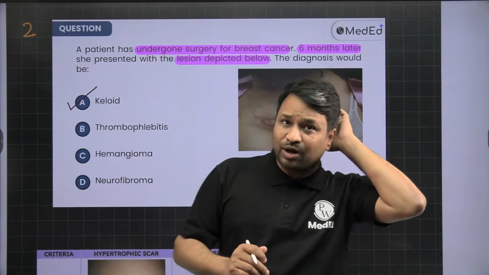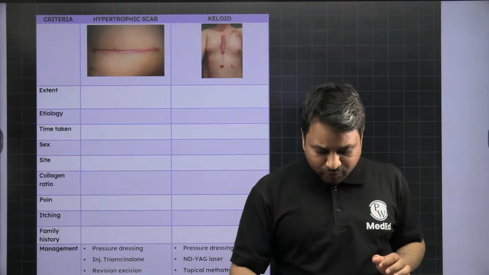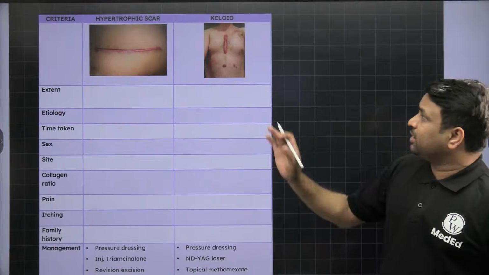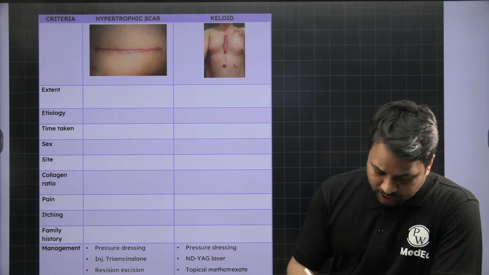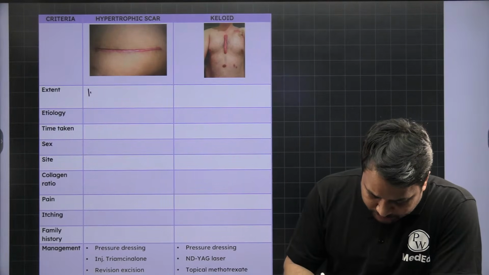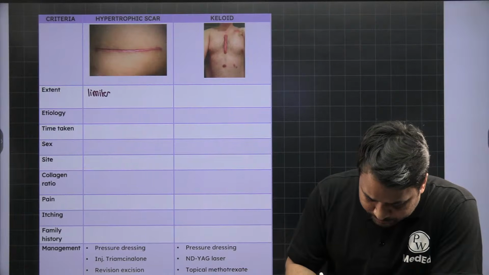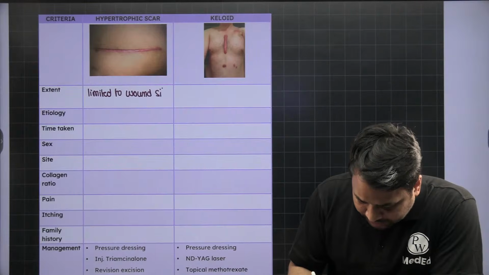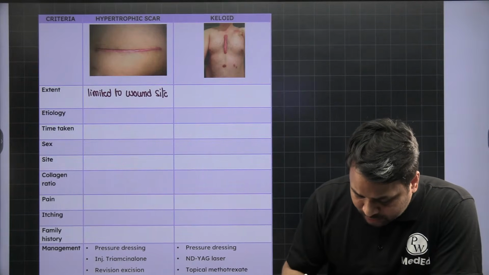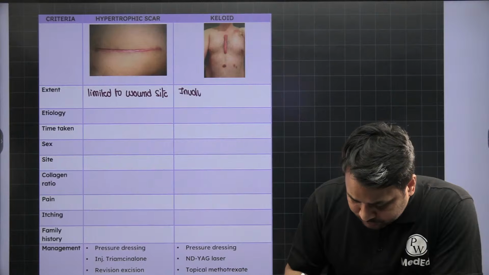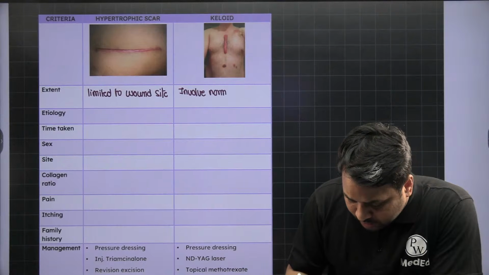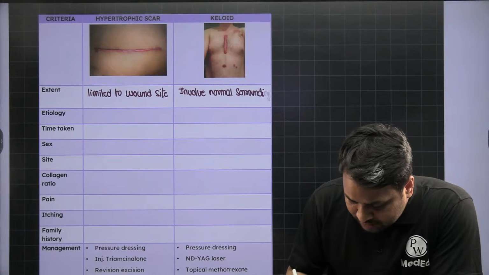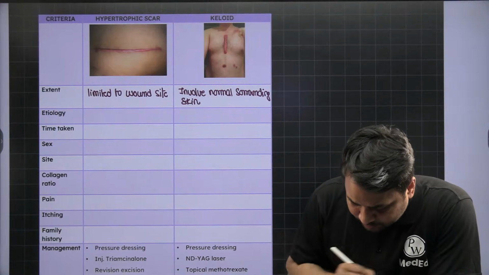Usually, our doubt is to differentiate between the hypertrophic scar and the keloid, and I've given you a small table to differentiate that. A hypertrophic scar is limited to the wound site. Keloids, on the other hand, involve the normal surrounding skin as well.